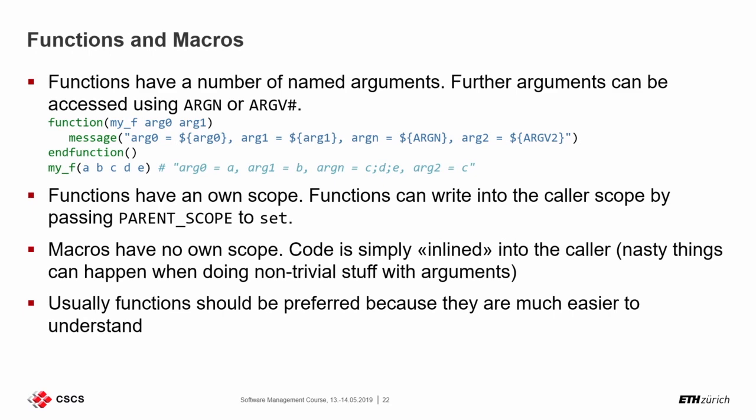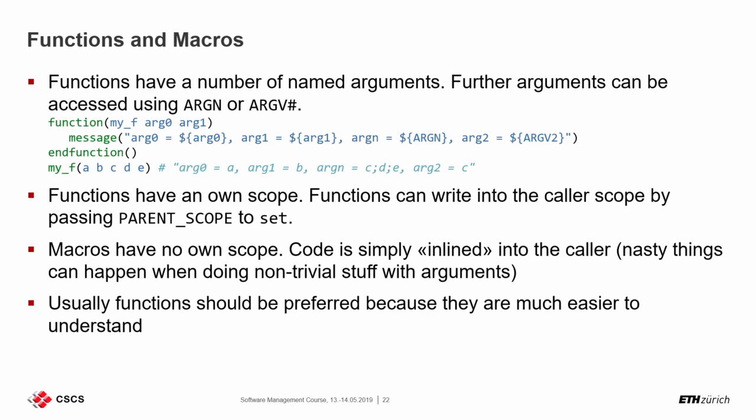And the syntax is explained here. So this defines a function. The first thing is the function name, and then there's the number of arguments. So arg0 is the first argument, arg1 is the second, and then you can even refer to any other arguments that are not explicitly listed here.